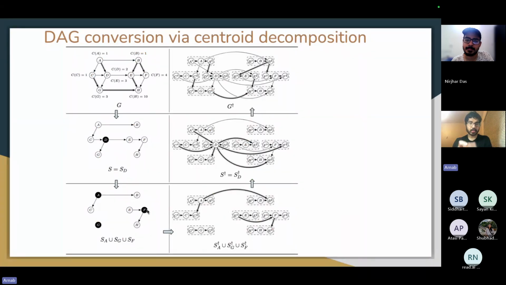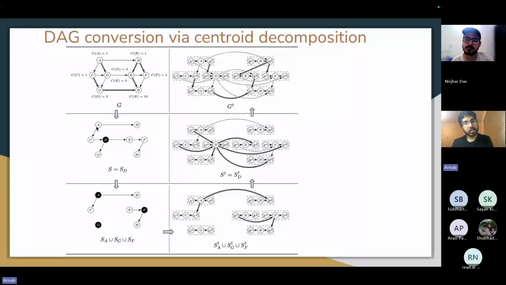These black nodes are centroids. What happens is that in a tree, if there's a centroid decomposition, all the children connect. Okay, so what is the key idea? Say this is a centroid, and some guy needs to go from here to here.